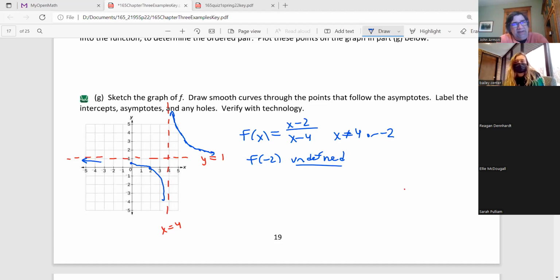Now, when you're drawing these by hand, you need to also include the hole in the graph. So that's why I didn't quite complete the graph before. That's what it looks like. We can even be more precise and say, if this was allowed at -2, we would have a corresponding output. -4 divided by -6 would be 2/3, which is a hole in the graph.